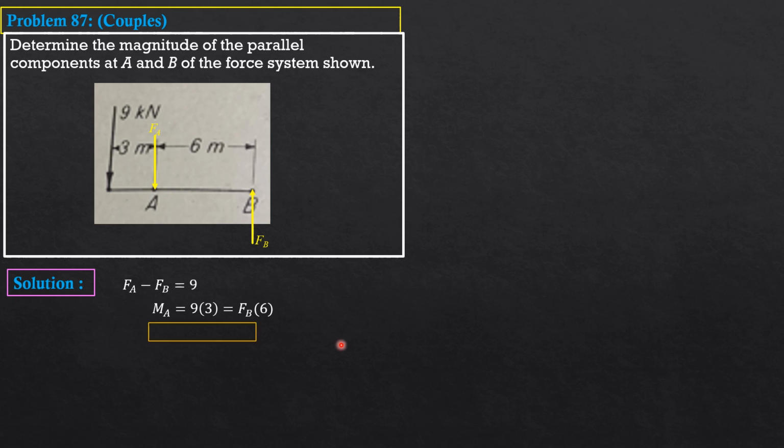So from there, FB can now be solved. FB is 4.5 kilonewtons upward. Substitute here. FA minus 4.5 equals 9. So FA equals 13.5 kilonewtons downward. So these are the answers.